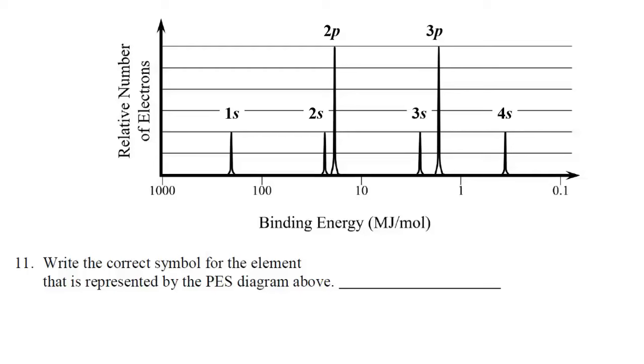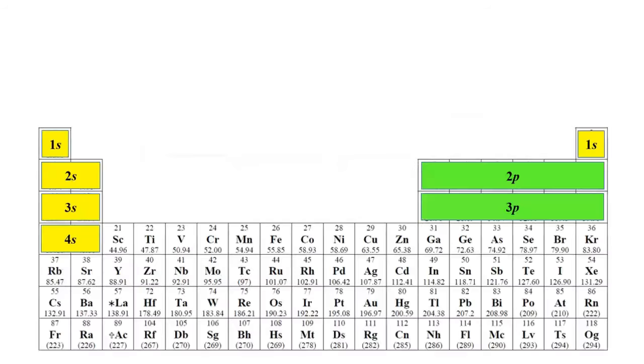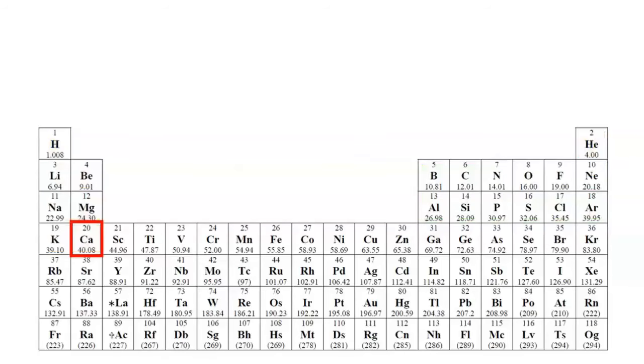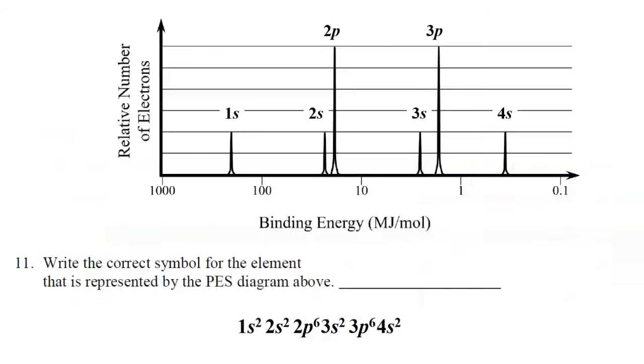So we can literally read the electron configuration for this element from left to right. We know that the number of electrons in each shell or subshell is determined by the height of the peak. So we have 1s2, 2s2, 2p6, 3s2, 3p6, 4s2, which, if we look on the periodic table, corresponds to the element calcium. So the identity of the element is calcium.